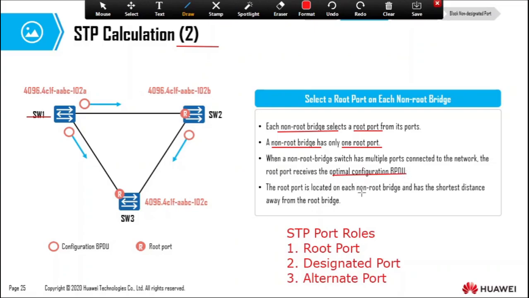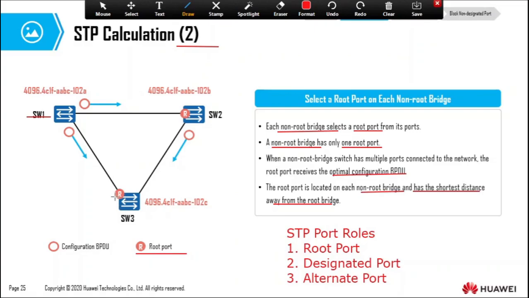The root port is located on each non-root bridge and has the shortest distance to the root bridge. Normally, we select the root port by using RPC. We use RPC to find the port that has the lowest cost. If you have the lowest cost to the root, then we elect you as the root port. Are we together? Yeah.